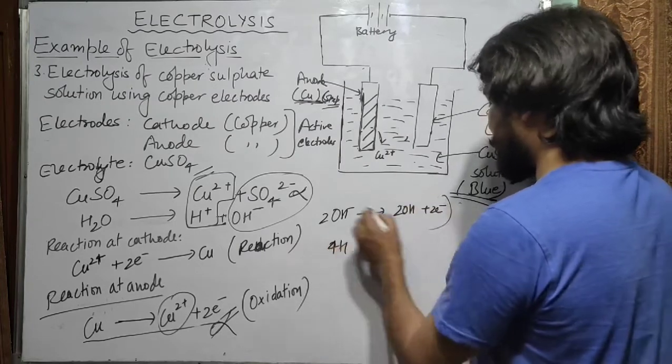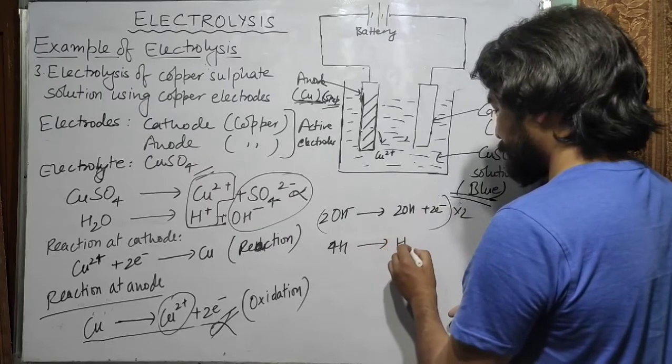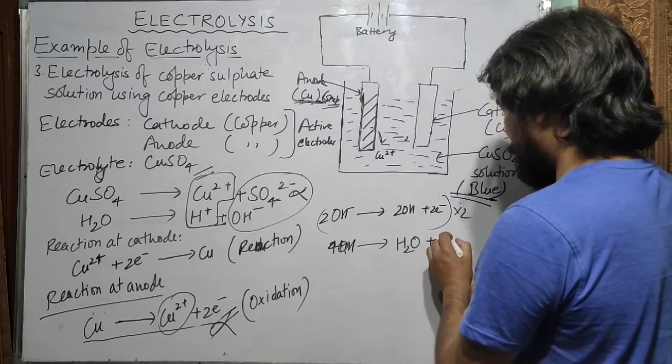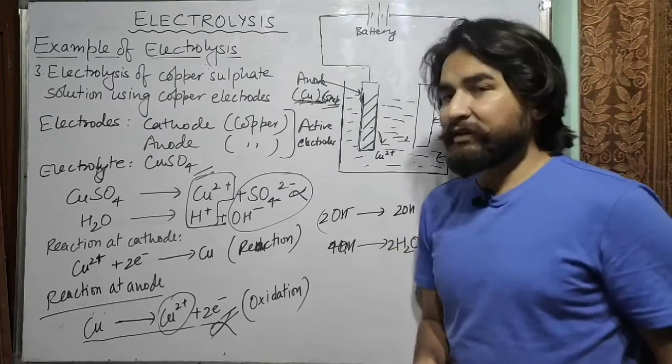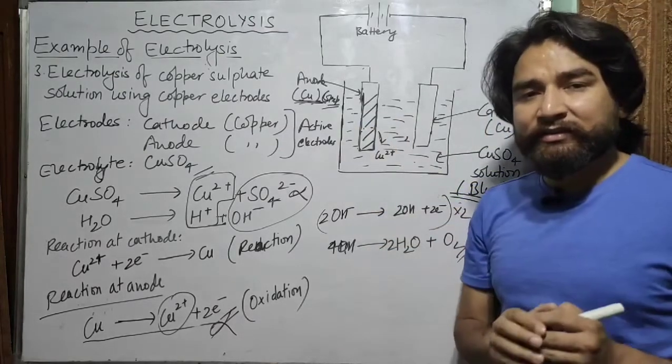If you multiply this reaction by 2, it will become 2H2O plus O2. So you can observe oxygen gas at the anode in this case.